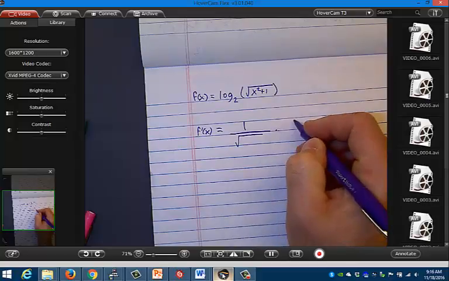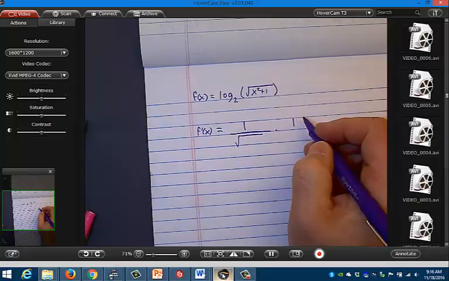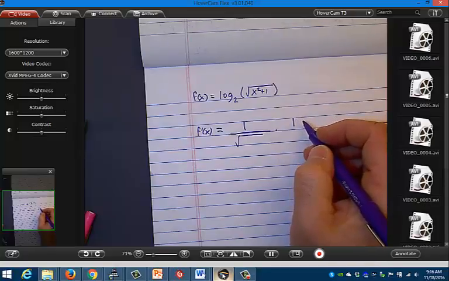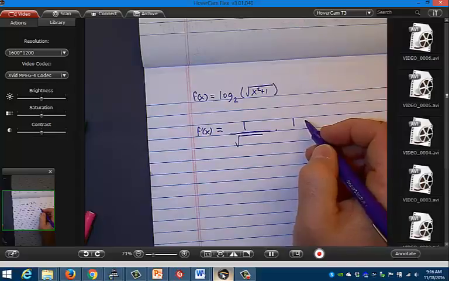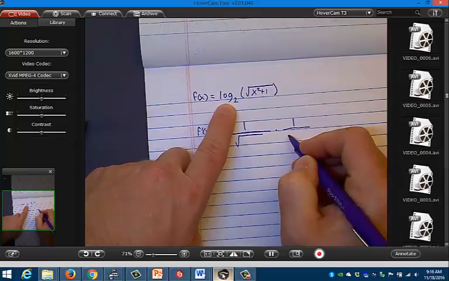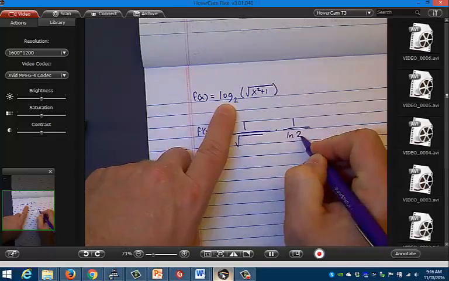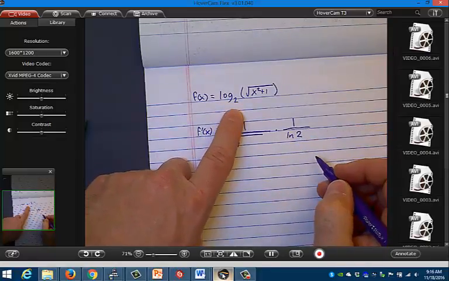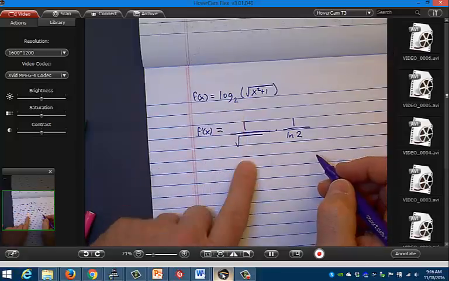What's my fudge factor for this problem? Because it's a log, it's going to be 1 over the natural log of 2. 2 is the base I have. So this is what I need to multiply by.